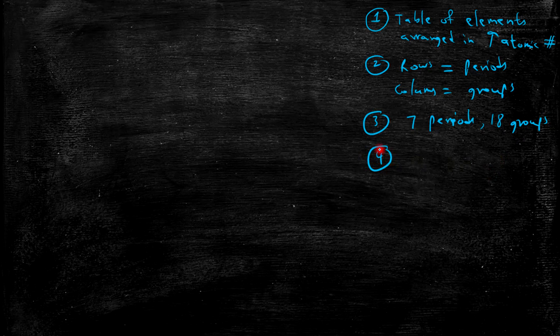Fourth thing to understand as a basic knowledge about the periodic table is all elements in a vertical column or in a group have similar properties.